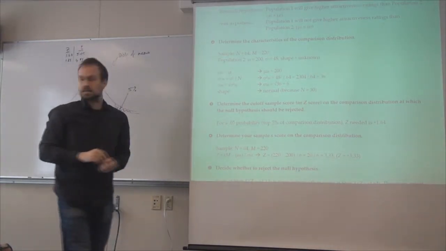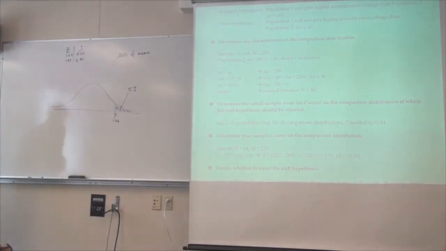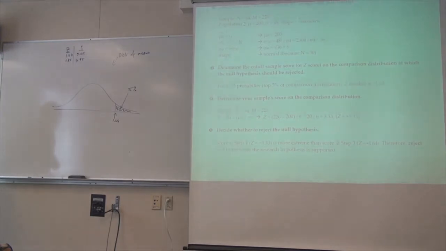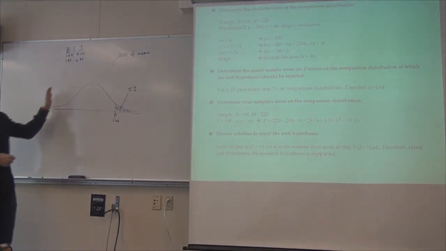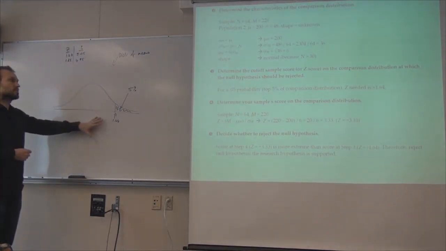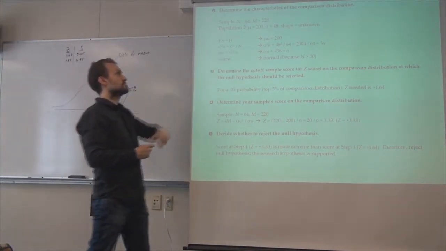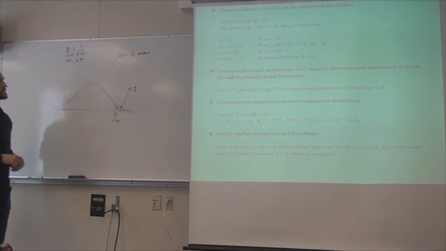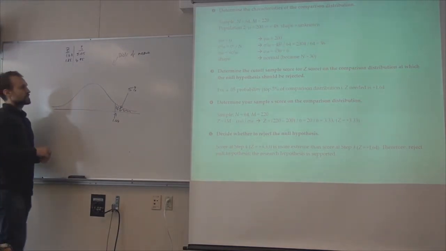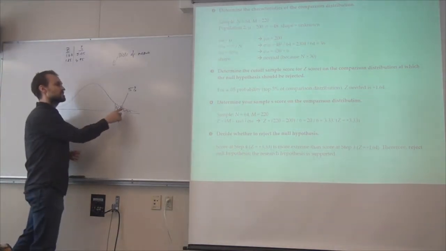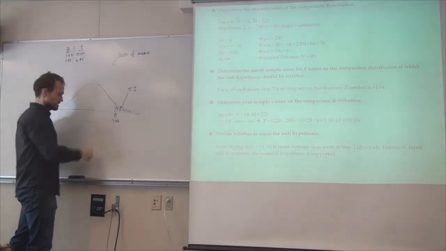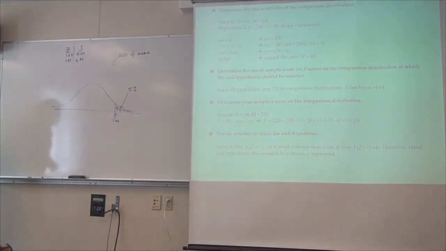Okay, so now I look at my sample and what it's saying and how it's sitting in relation to the distribution of population 2. If the null hypothesis is true, then I have a 5% chance of getting something this extreme, past this z value.